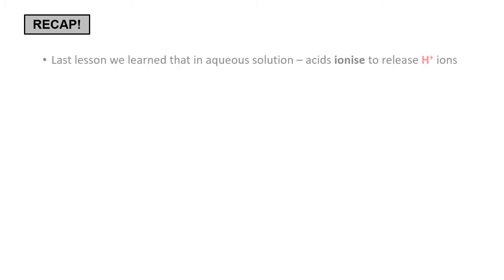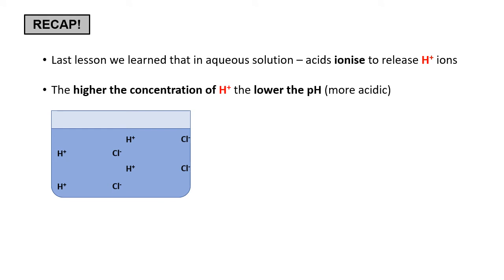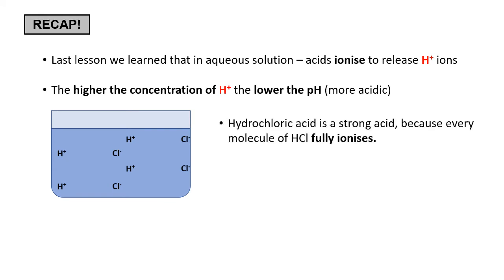Now, if we look at hydrogen chloride gas, when that's dissolved in water, we form hydrochloric acid. Hydrochloric acid in water ionizes and releases hydrogen ions in the solution, which causes it to become acidic, and therefore it has a low pH.